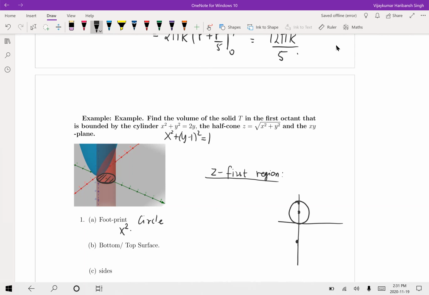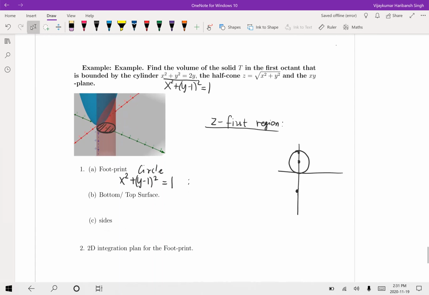If you write it in cylindrical coordinates, cylindrical is basically polar plus vertical. So the footprint is a circle, and we'll come to that. Now, what is the top and bottom? The top is given by z equals square root of x squared plus y squared.